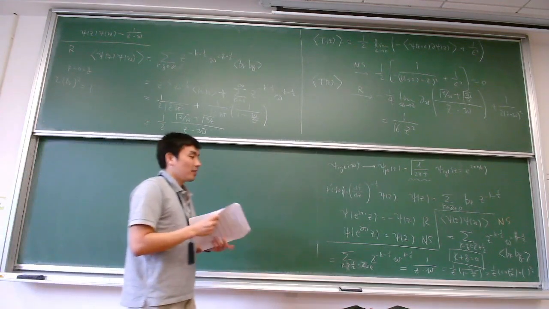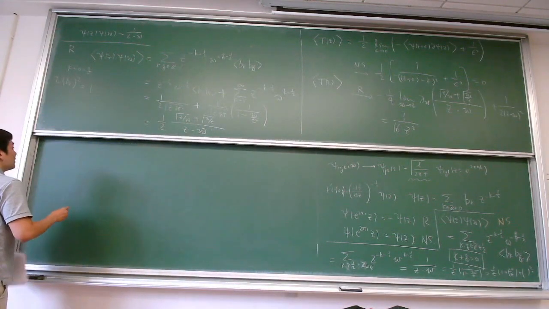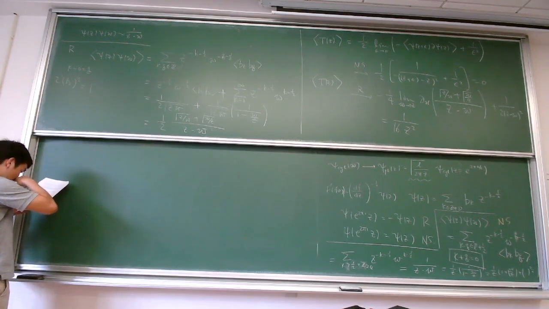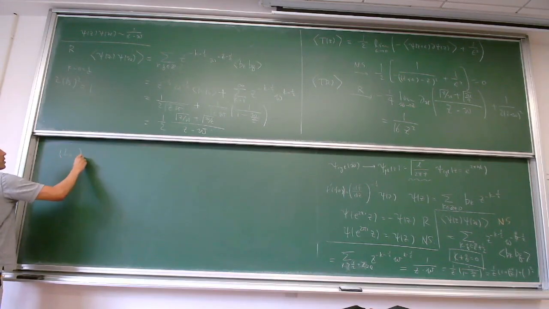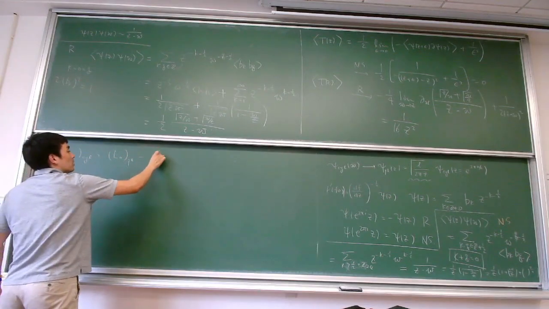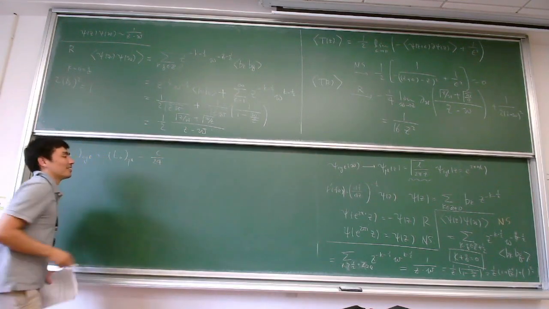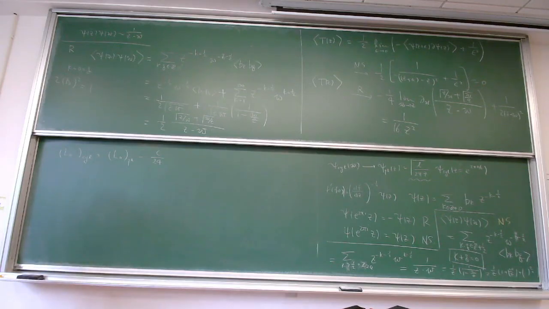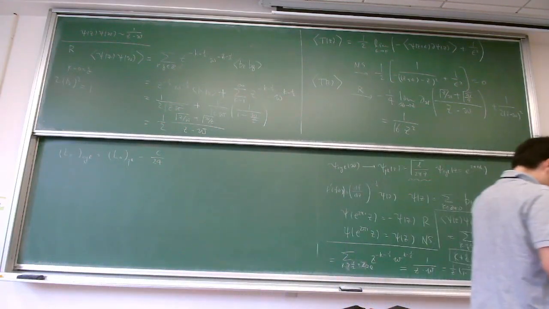We just need to compute the L0 part, and then we know that L0 of the cylinder is equal to L0 of the plane minus c over 24. So that's what's really happening. So we need to understand L0 in terms of this mode expansion b and so on. Okay? Do you guys agree?